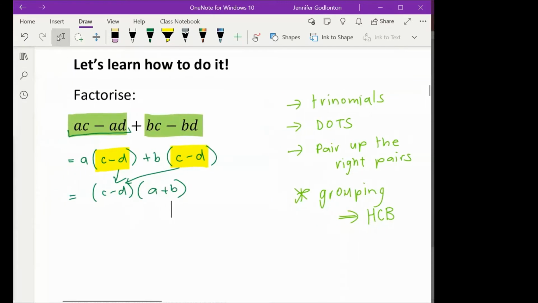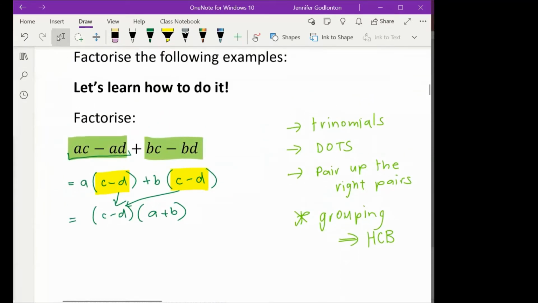All right, so that is our first one that we're going to try. Now, sometimes we may do grouping like this and we don't get the right pair. So we don't get a highest common bracket. And if we don't get a highest common bracket, we have to try and pair it up with something else. But we will cross that bridge when we get there. Second step: all we're doing is taking out our highest common bracket.